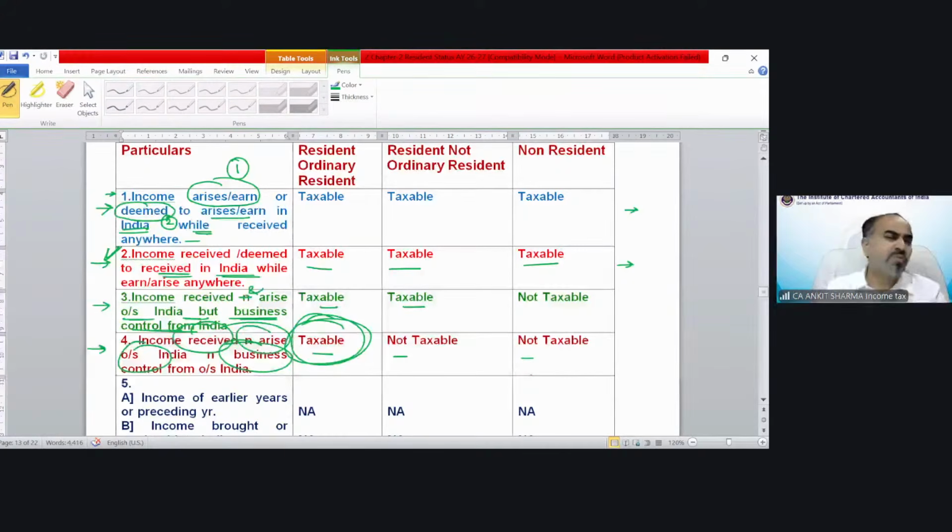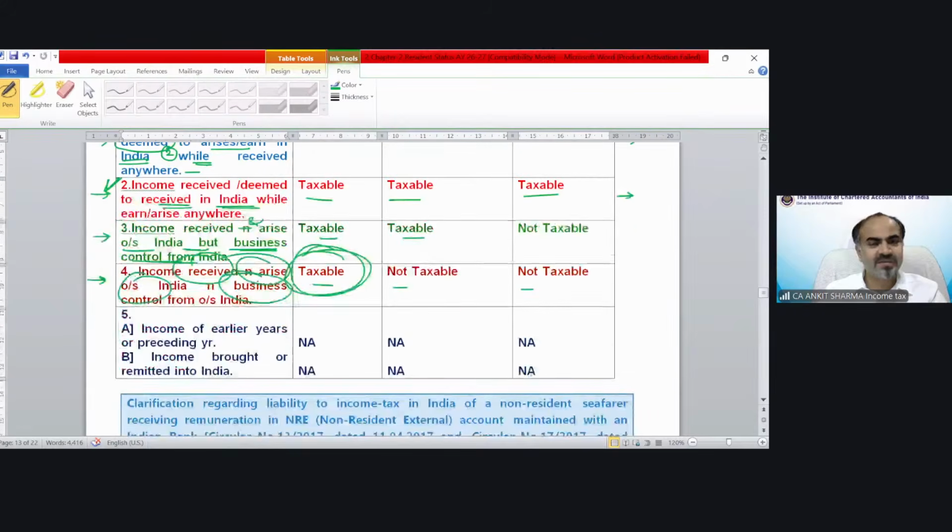So these points 1, 2, 3, 4 are easy to understand. What is this 5th point doing here? This is also very interesting and very important for solving questions relating to this incidence of tax concept. This point number 5 is technically not real income. It seems like income, but it is not income.